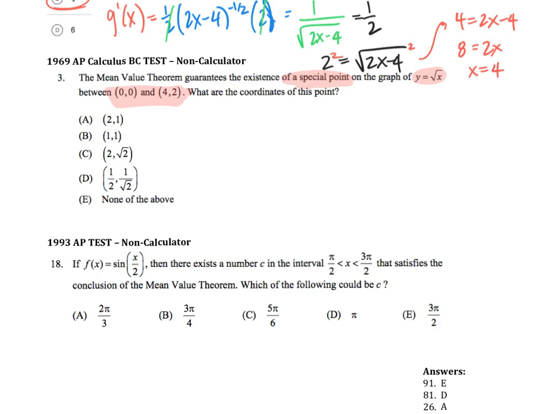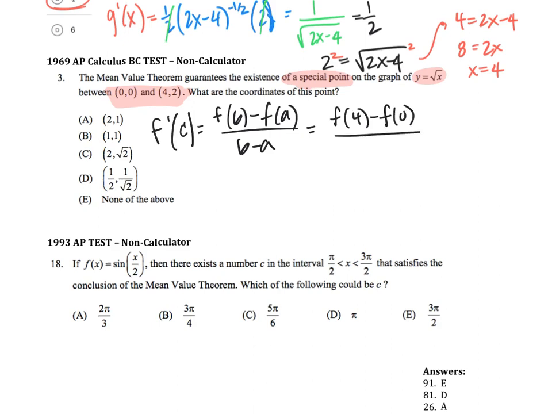Well, again, the mean value theorem says that the derivative will equal the average rate of change, which is going to be f of b minus f of a all over b minus a. In this case, that will be f of 4 minus f of 0, those are my two x values, all over b minus a, which again is going to be 4 minus 0.